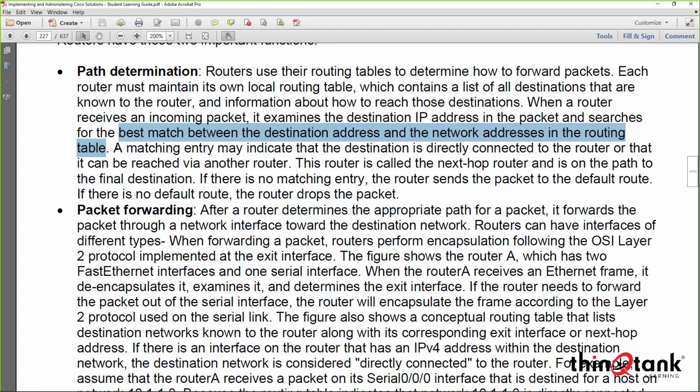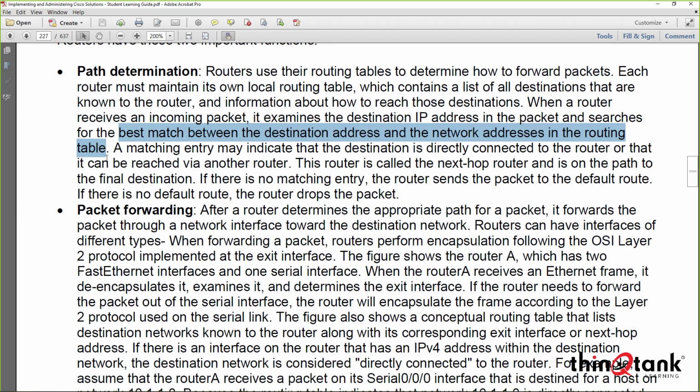Unless we're doing ECMP, equal cost multipath routing, we don't ever route over multiple interfaces. We route to one destination. I don't want to talk about that right now: longest match routing versus administrative distance versus metric and so on. There's lots and lots of different ways to determine which route to use. So we'll get there eventually. We'll start to progress and learn that information as we go through.